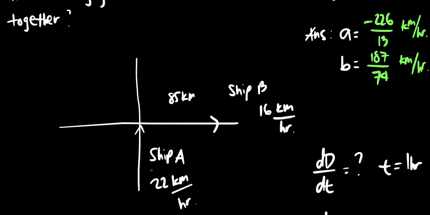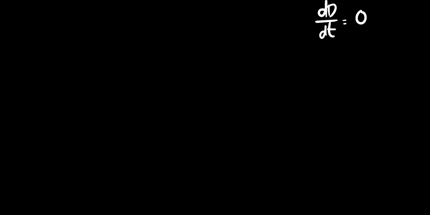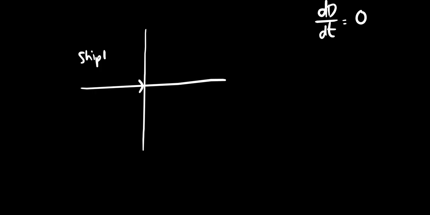To have a clear understanding, we'll draw a line again and reconstruct the problem. This is ship B, and this is ship A. Ship B is ahead by 85 kilometers, so ship A is 85 kilometers behind.